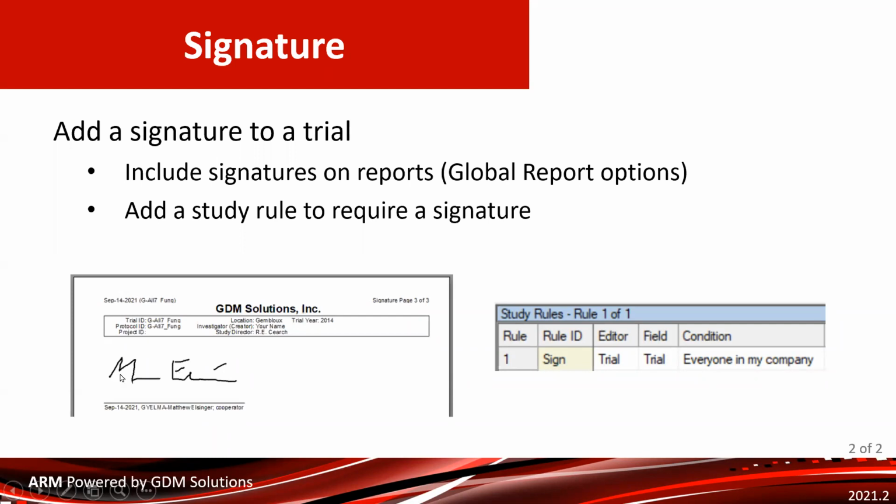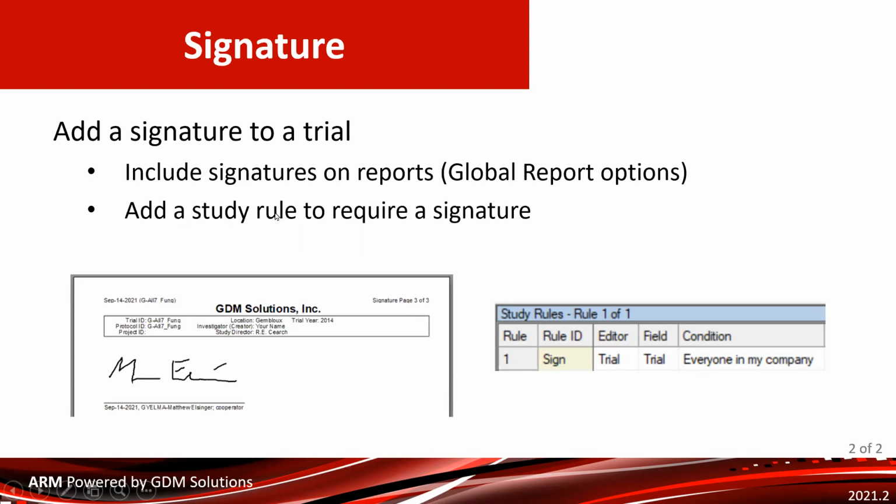And that will then show that image of the signature that was uploaded, as well as the date and the information about that signature. And again, if you had everyone from that contacts list sign off on the trial, you might have 4 or 5 signatures on this page, or multiple pages, just depending on how many signatures are added.